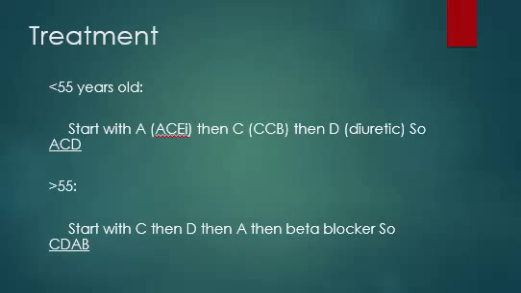So start off with calcium channel blockers instead, which can still do the job just as well. It's just a different line of drugs. So you start off with calcium channel blockers, then you move on to diuretics if that's still not controlling it, and then you do move on to ACE inhibitors, and then the final line treatment in those patients is beta blockers.